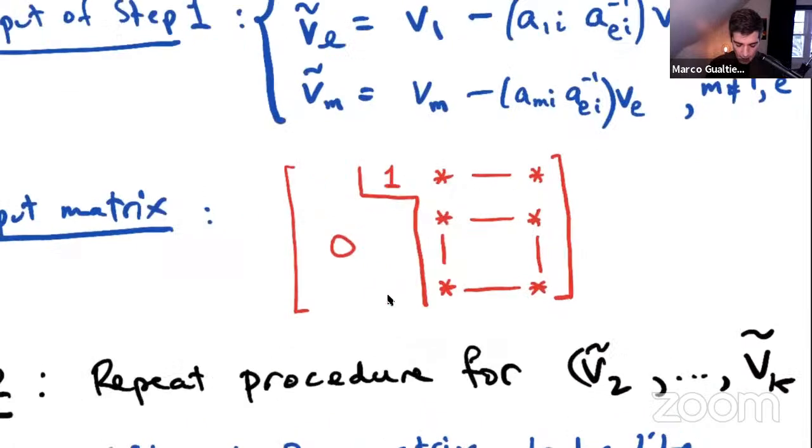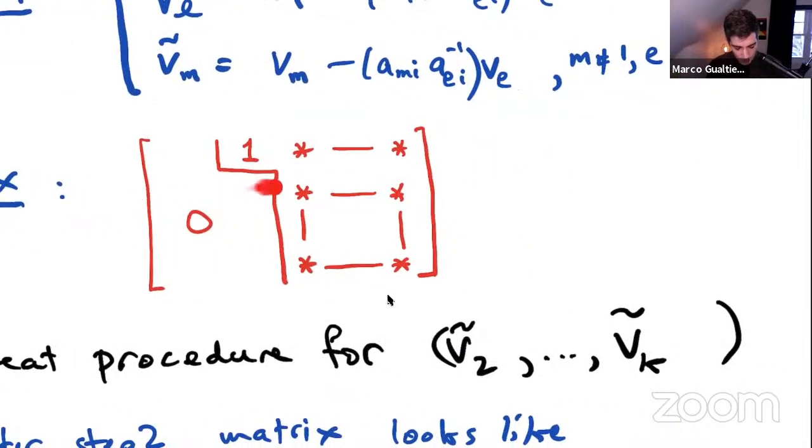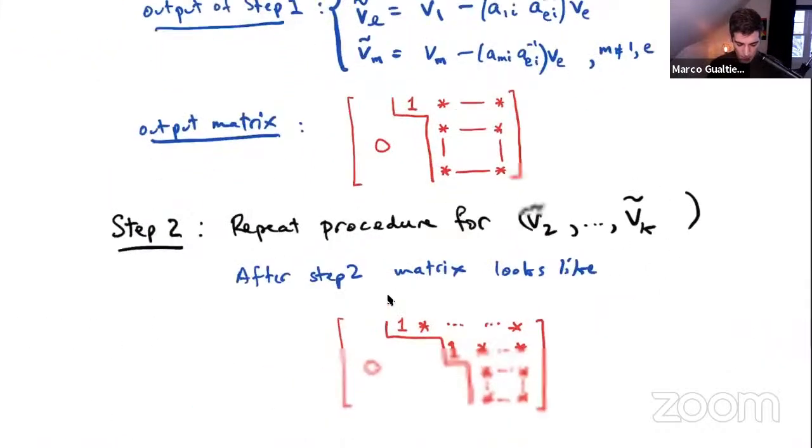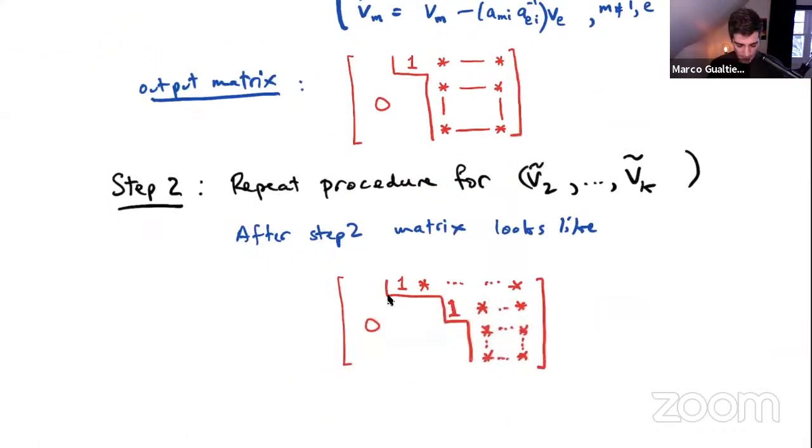Okay, but now I can just look at V2, V3, V4, right? And now I'm back to the drawing board. I have the same situation. I've dealt with the first echelon. All I need to do is repeat the process for this new rectangle, right? So I'm going to do it again. And after step 2, what I'm going to see is an echelon in row 2 somewhere, because it could be that there's zeros here, and you have to look for the early bird in this list.